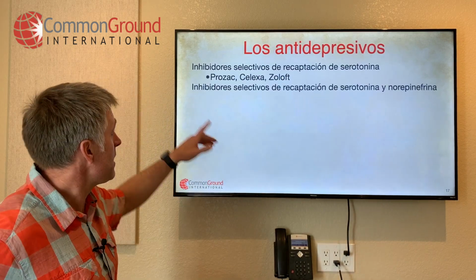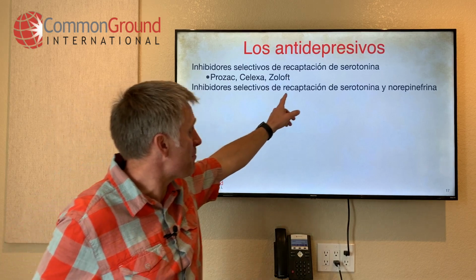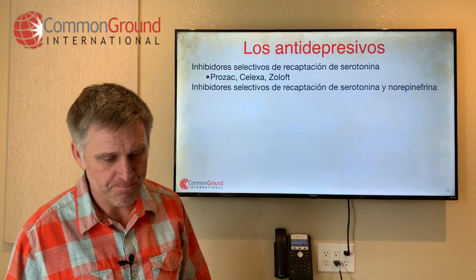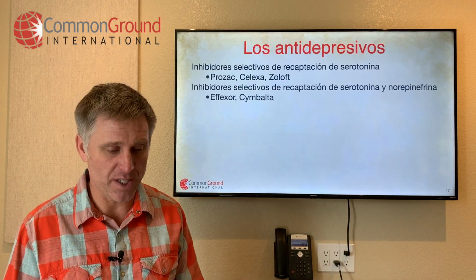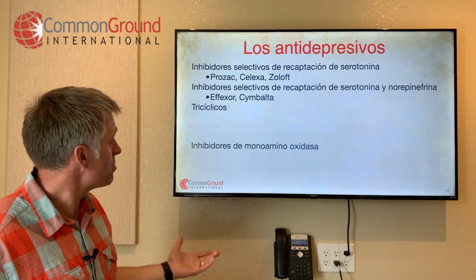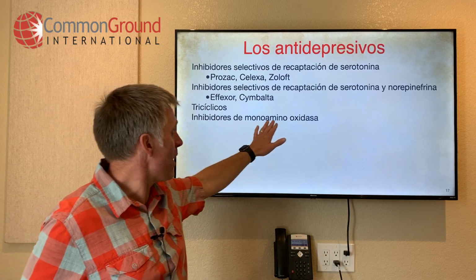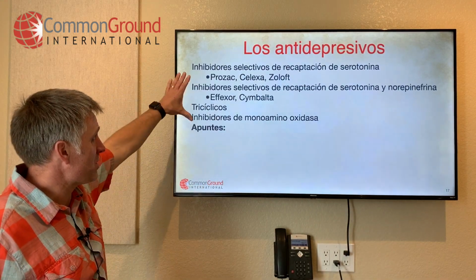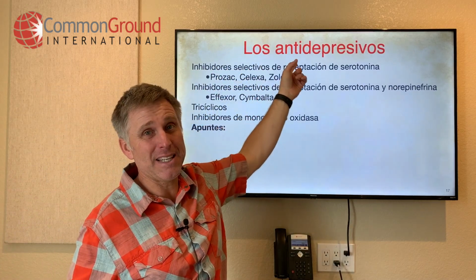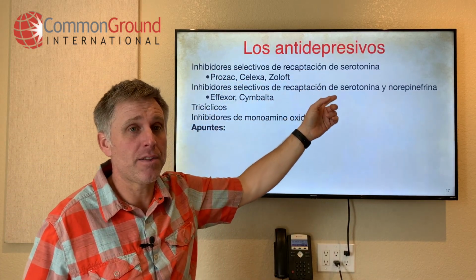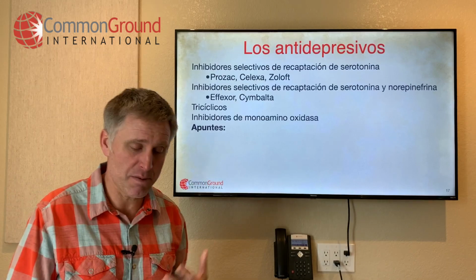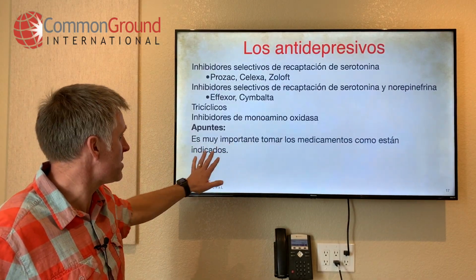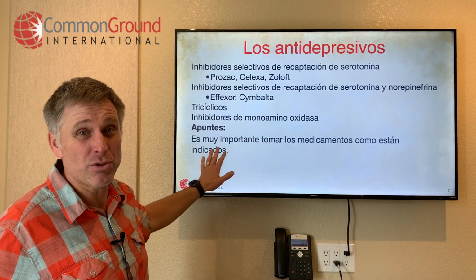And then we have inhibidores selectivos de recaptación de serotonina y norepinefrina, like Effexor or Cymbalta. Tricíclicos, inhibidores de monoamino oxidasa. And when you talk about medicamentos, específicamente los antidepresivos, you might find yourself expressing some of these things. Es muy importante tomar los medicamentos como están indicados, so as directed, ¿verdad?